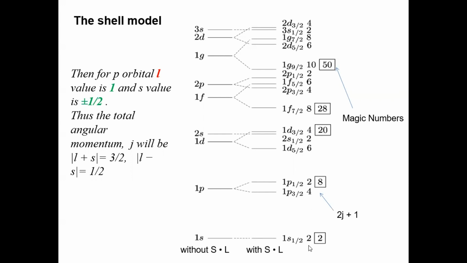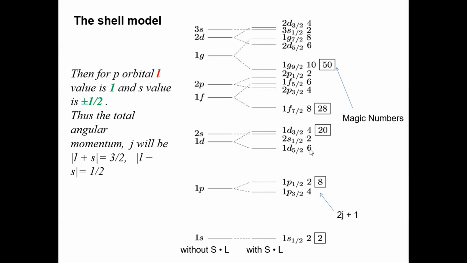So now let us do the summation. For the first, we have only 2 nucleons. For the next, we have 2 plus 4, 6, plus the 2. So up to this state, 8, completely filled 8.